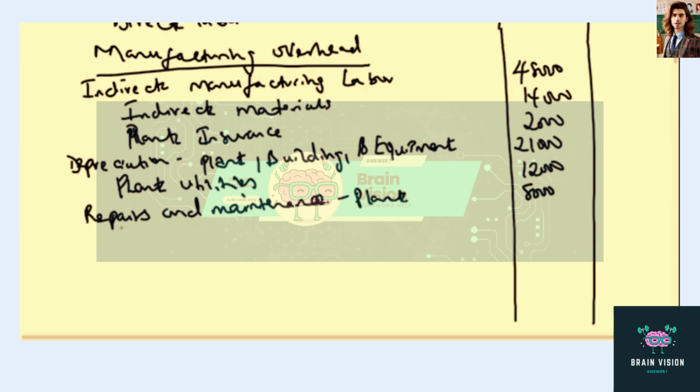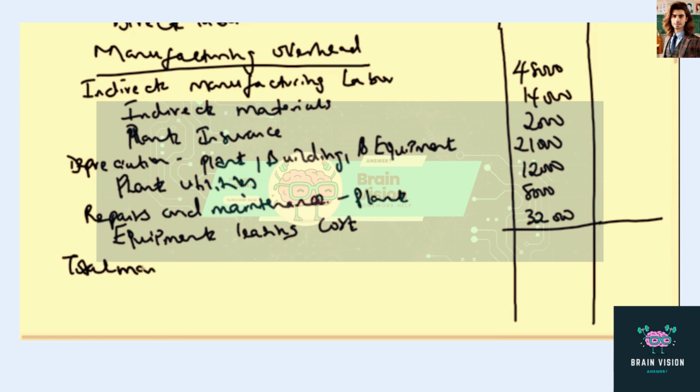And then equipment leasing cost, and then this is 32,000. So you add all of that together, and then you get the total manufacturing overhead. And that is 137,000.